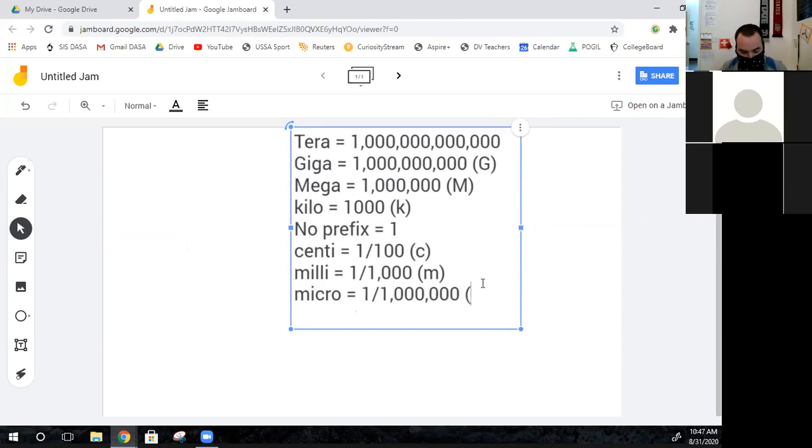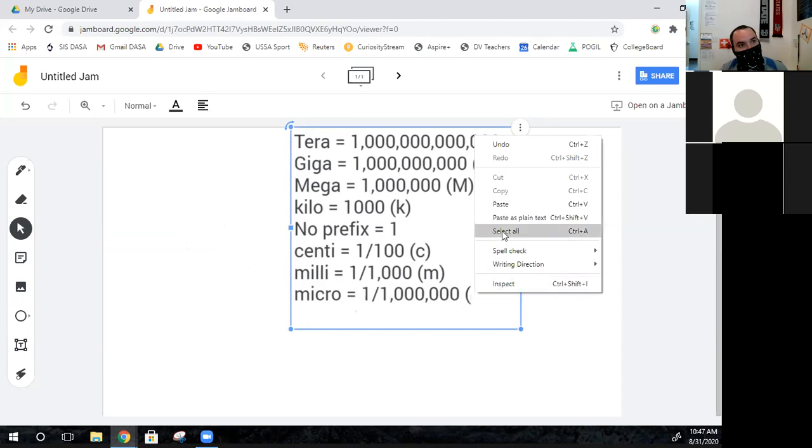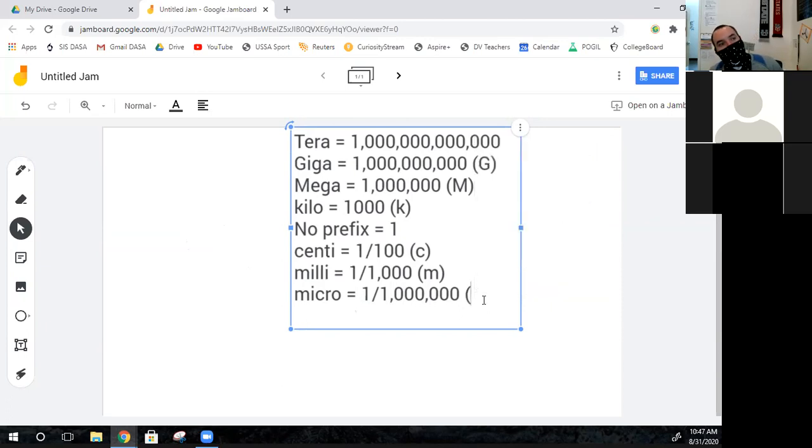This is where I have to insert a special character, which is annoying, and I don't know if I can even do it here. It is the lowercase Greek letter lambda. Micrometer. Micro.